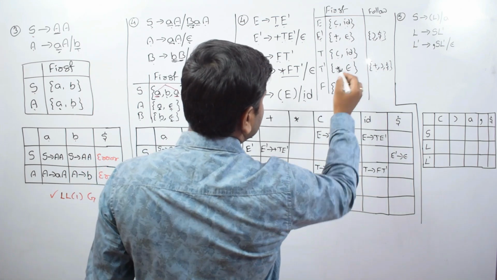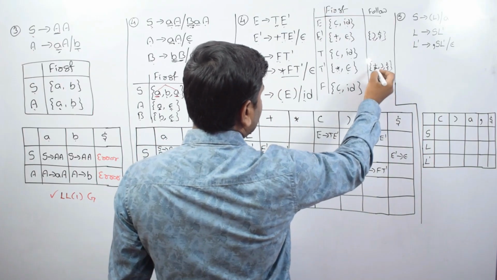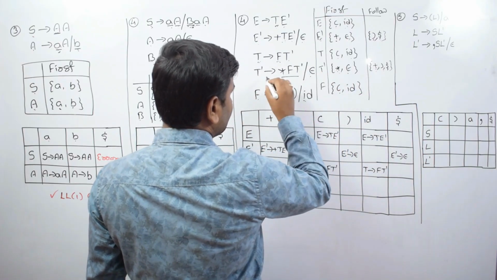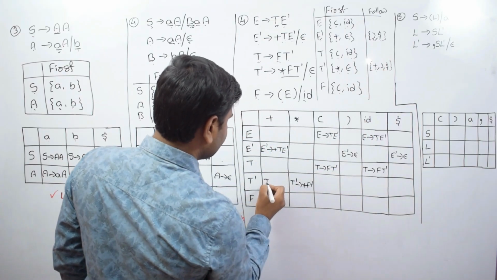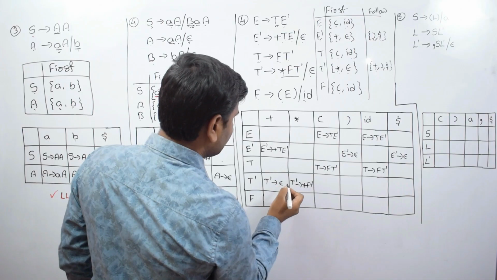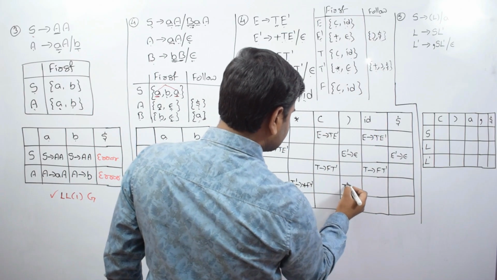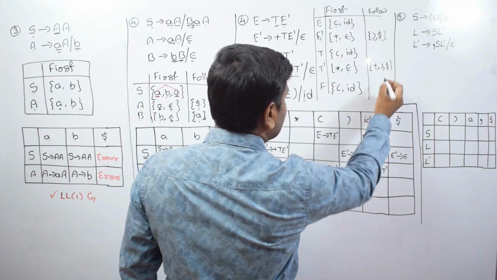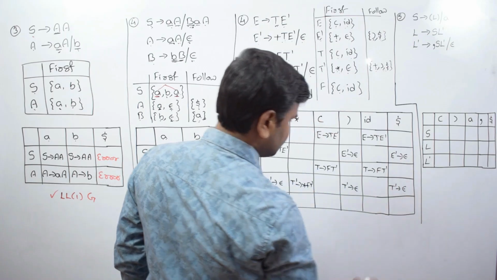Then epsilon, that means we are going for follow. So, plus we got from this one only actually. So, under plus we will write T dash arrow epsilon, and under closing brace also we will write T dash arrow epsilon, and under dollar also we will write T dash arrow epsilon.